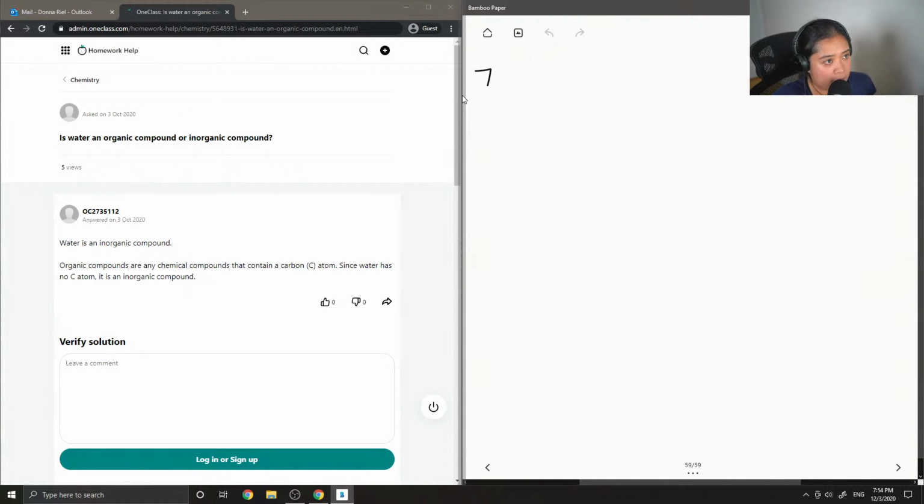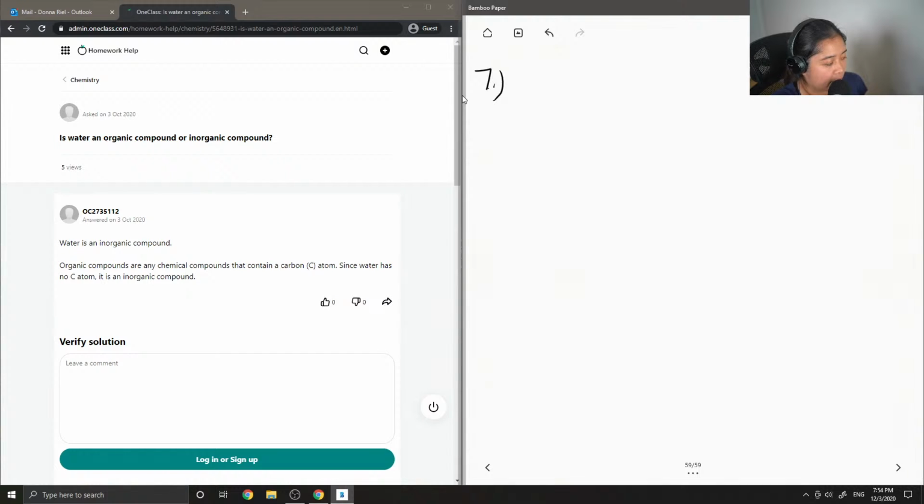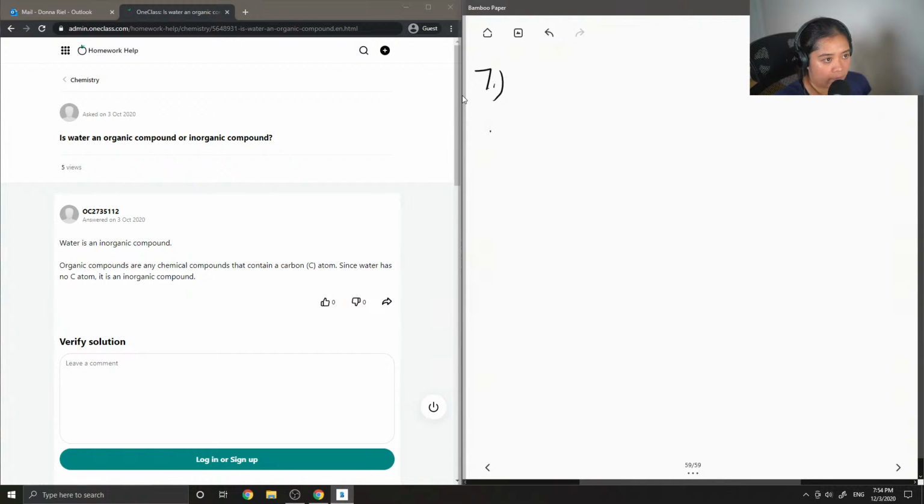Okay, so question 7 asks, is water an organic compound or inorganic compound? So water is an example of an inorganic compound. And this is purely because it doesn't contain any carbon atoms.